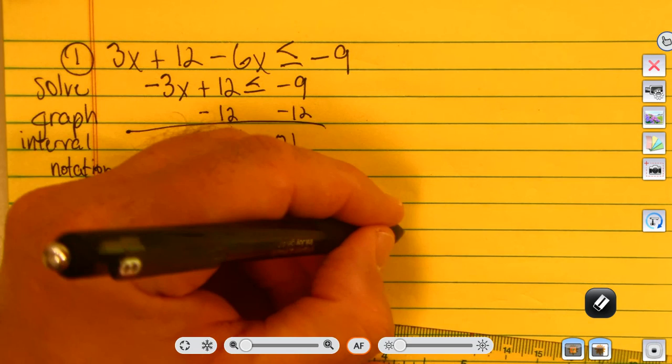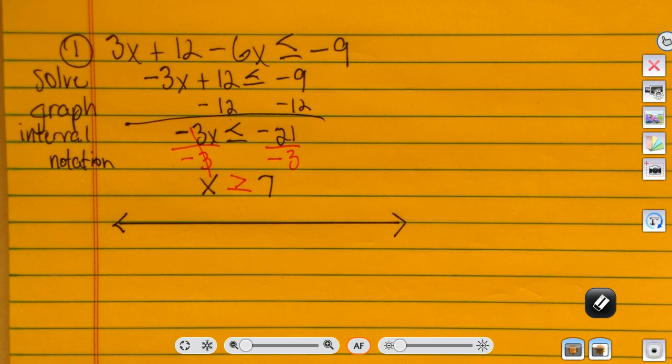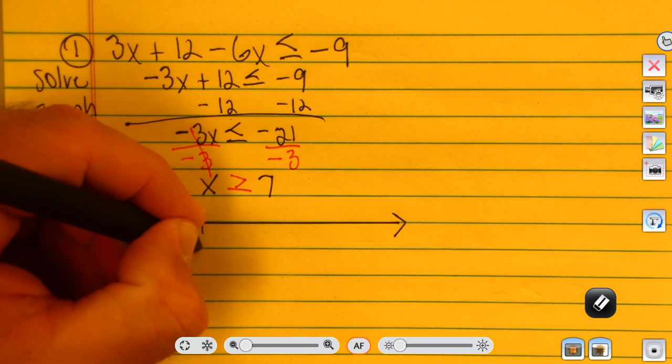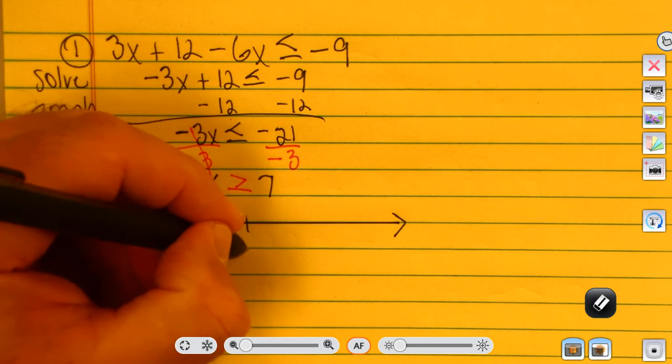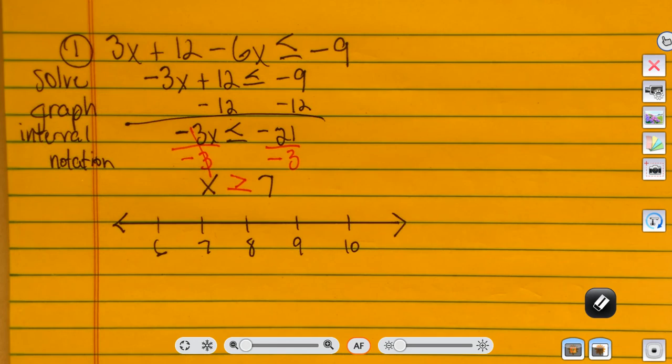When I graph them, I just make a straight line, and I'm not going to worry about a whole lot of places on the number line. It's greater than 7, so we're going to have 6, 7, 8, 9, 10, like that.